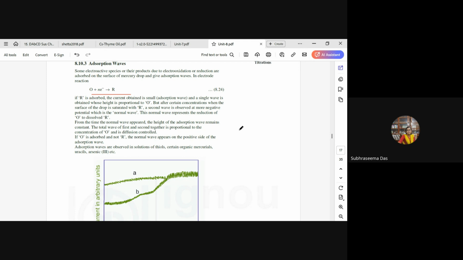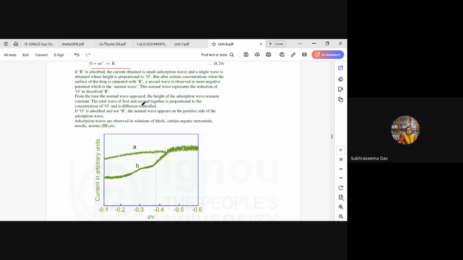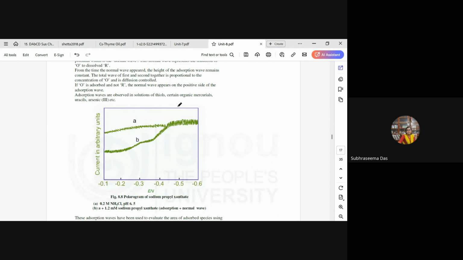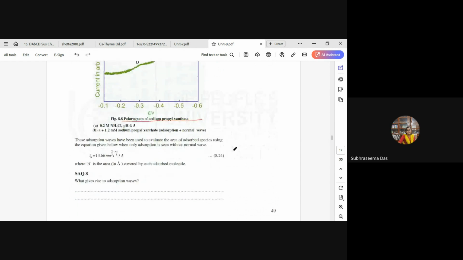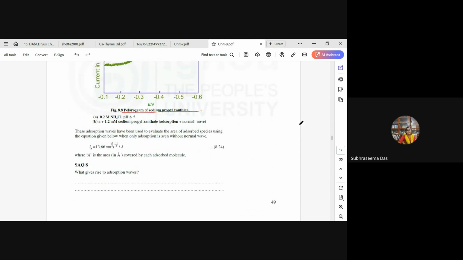So the total wave of the first and second together is proportional to the concentration of O, and is diffusion controlled. Adsorption waves are observed in solutions of thiols, certain inorganic mercurials, uracil, arsenic, etc. Figure 8.8 shows the polarogram of sodium propyl xanthate. These adsorption waves have been used to evaluate the area of adsorbed species using the equation given below, only when adsorption is seen without a normal wave.